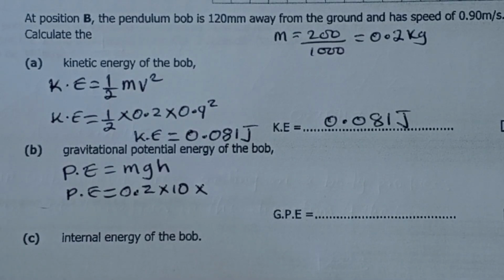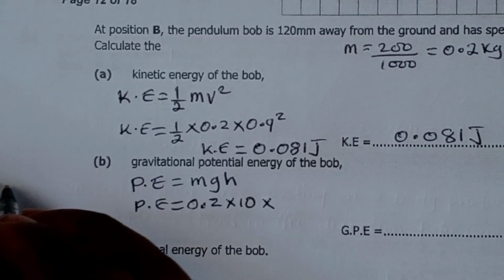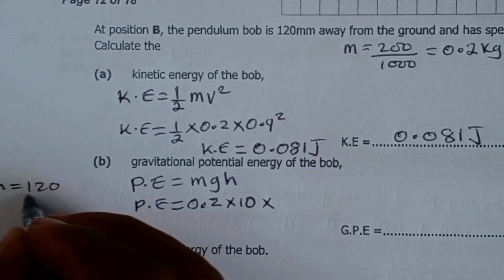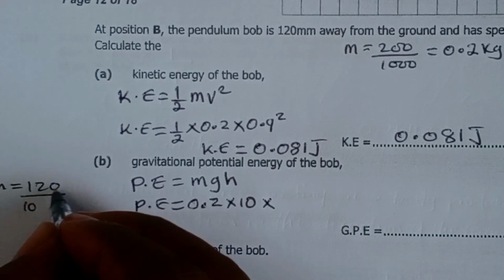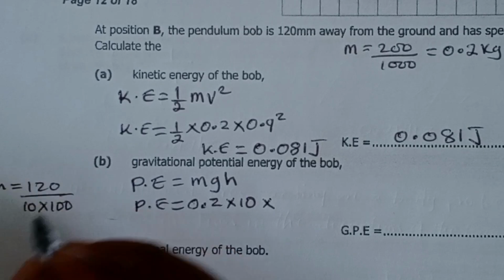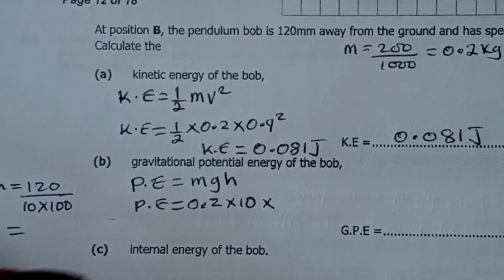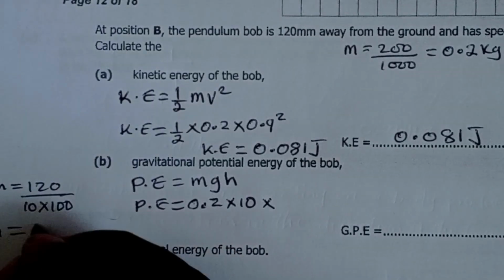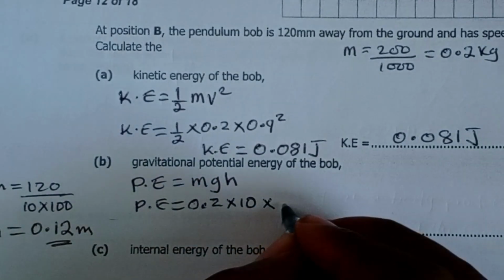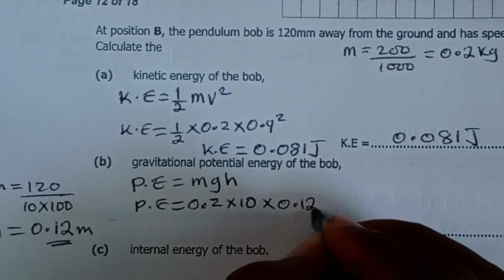So how do we convert it? From millimeters to centimeters, we divide by 10. From centimeters to meters, we divide by 100. So height is equal to 120 divided by 10 from millimeters to centimeters, and then from centimeters to meters. So there, height is equal to 0.12 meters. So that is our height, 0.12.